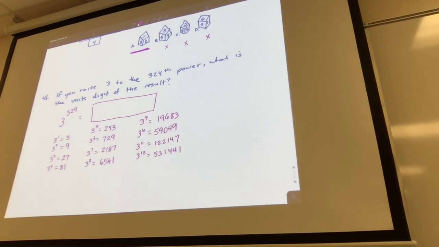1, 2, 3, 4. So if you take the power, actually let me highlight this. So 3, 9, 7, 1. 3, 9.